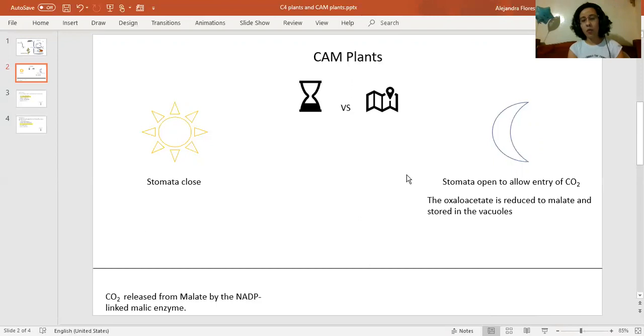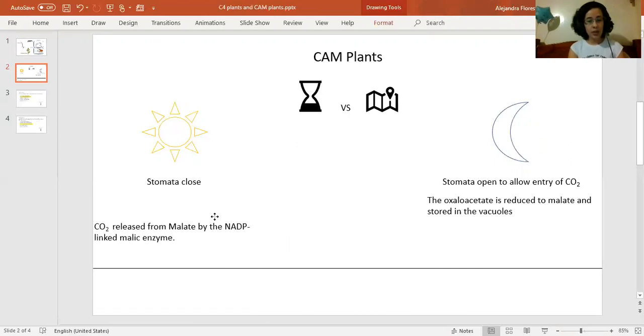Why is this important? Well, CAM plants are usually desert plants that go through intense heat during the day. So that mechanism is really helpful for them to not lose water.